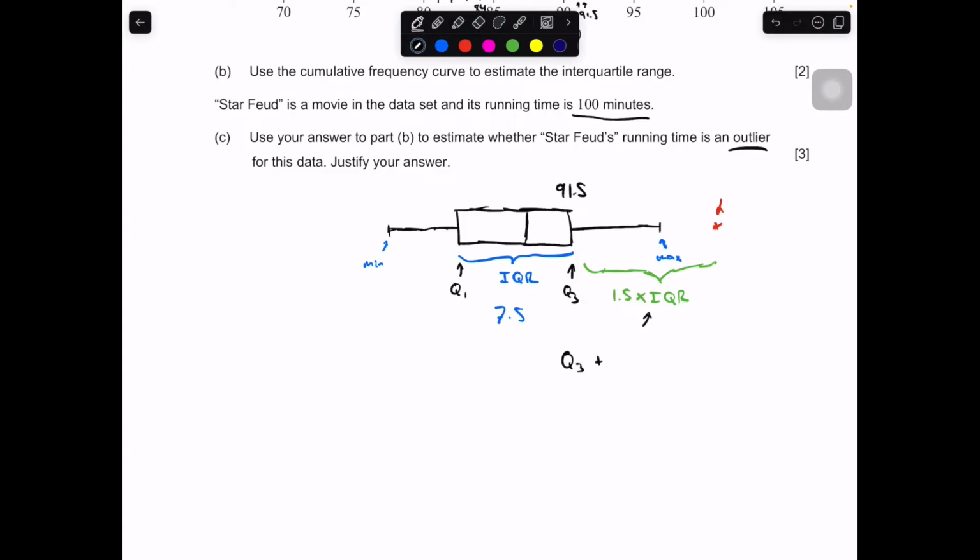Q3 plus 1.5 times IQR. Q3 is 91.5, and 1.5 times IQR is 7.5.